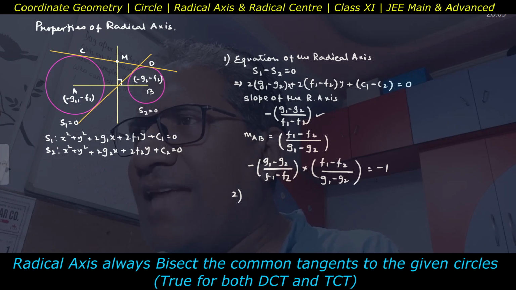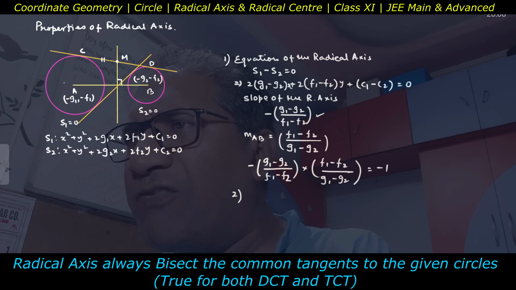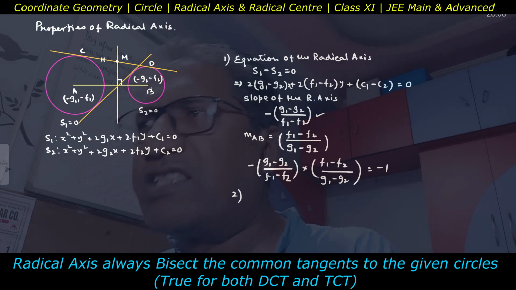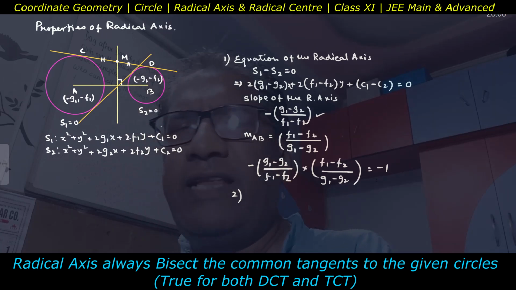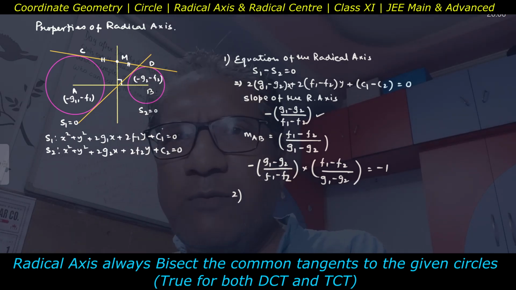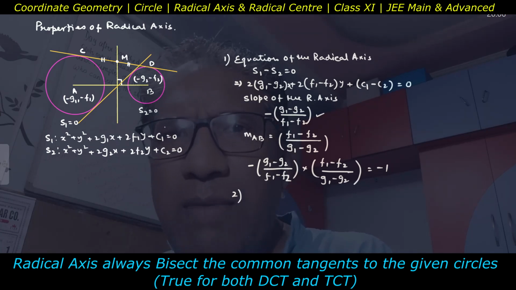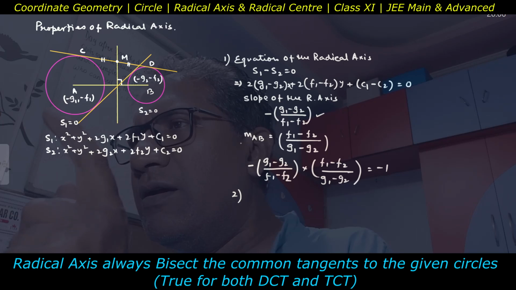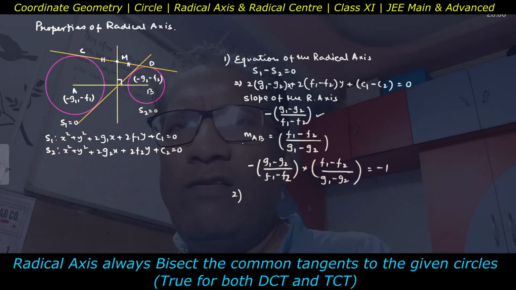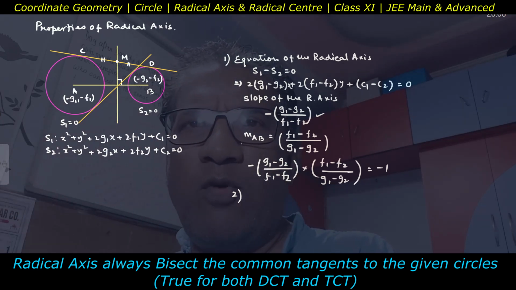It means that your CM, because CM is the tangent drawn from M on the first circle, and MD is the tangent drawn from the point M to the second circle. Therefore, your CM and MD are equal. It means what? M is the midpoint of CD. That is, radical axes always bisect the common tangent.